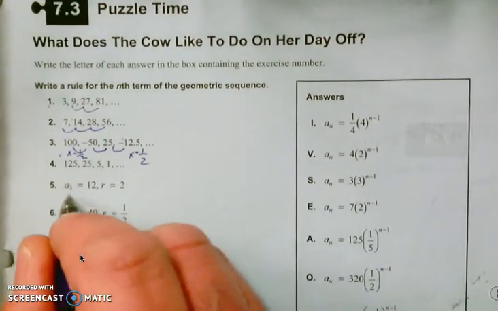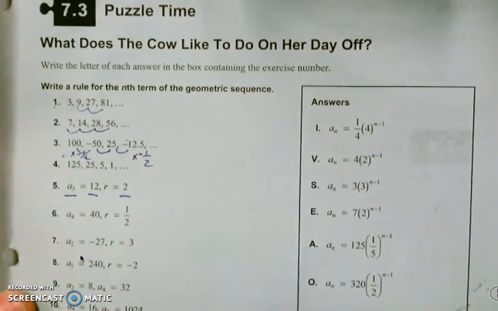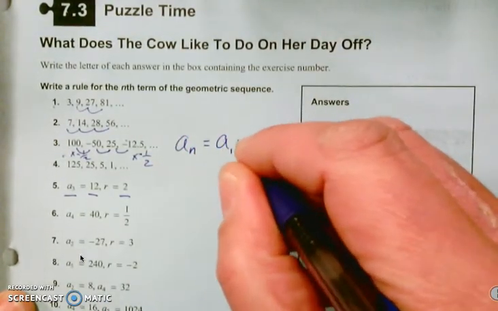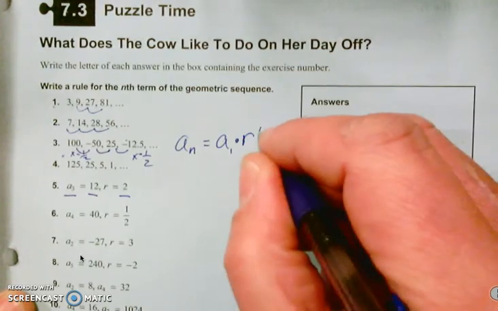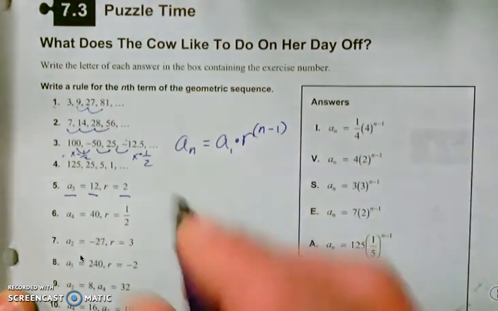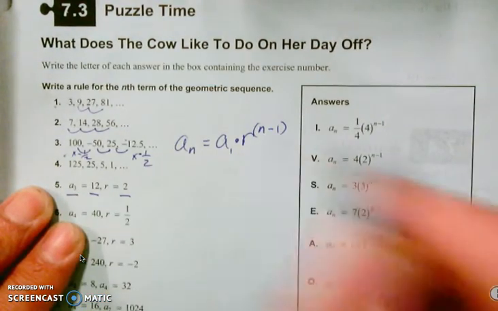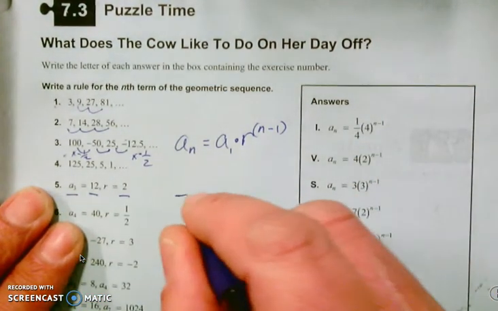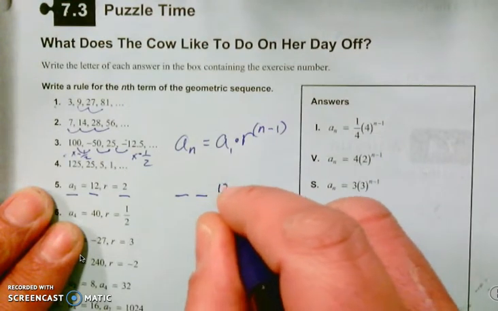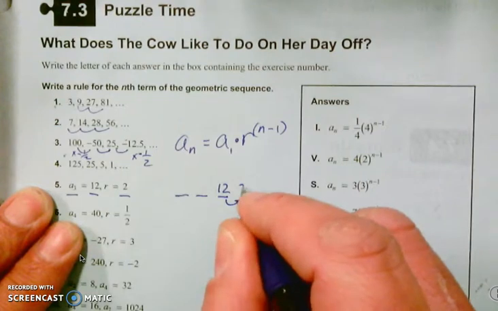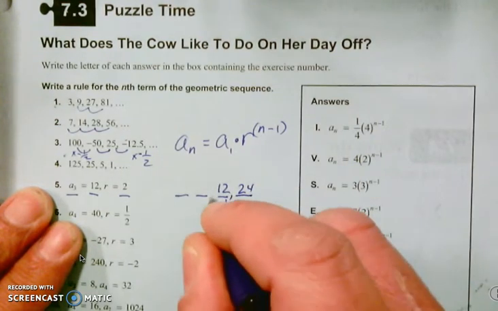For these ones, they didn't give you the first term. Again, what we need is to write a formula. We need the first term, and it multiplies by the ratio, and it does that n minus 1 times. What they gave us here is they didn't give us the starting one, which we need. They gave us A3. So what we know is it's 12, and they gave us R equals 2, so we know it's timesing by 2, so the next one would be 24.